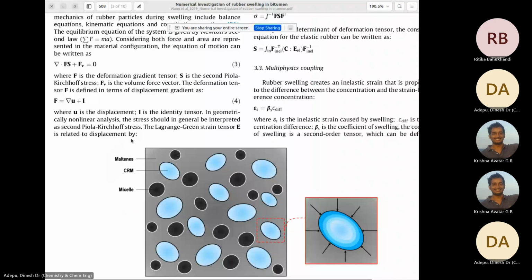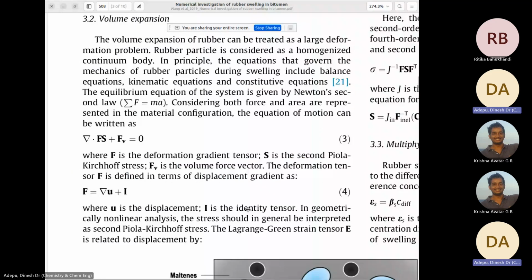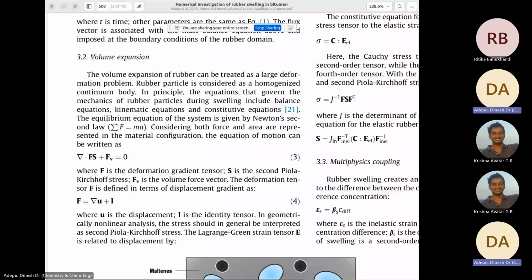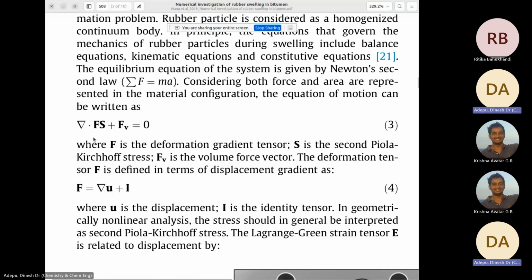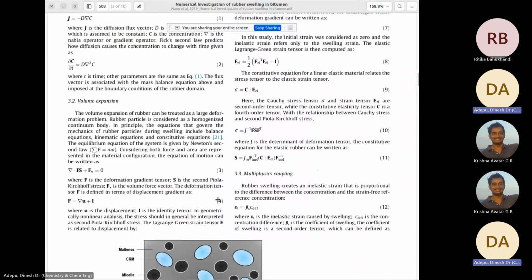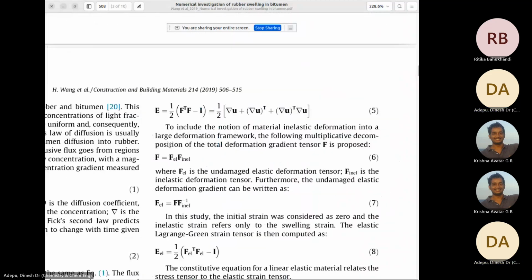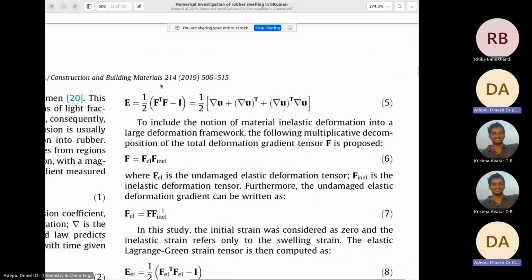So how would you do the volume expansion, right? We haven't discussed this equation 3 yet today, but we have discussed equation 4, the deformation gradient. This is what you have discussed today, and this is the Lagrangian strain tensor which was discussed today, right?